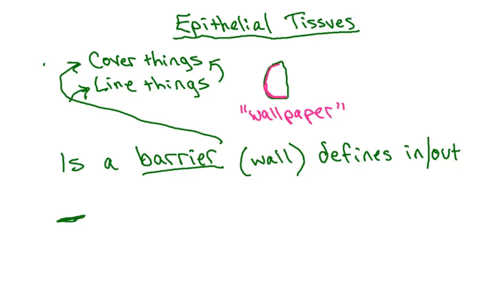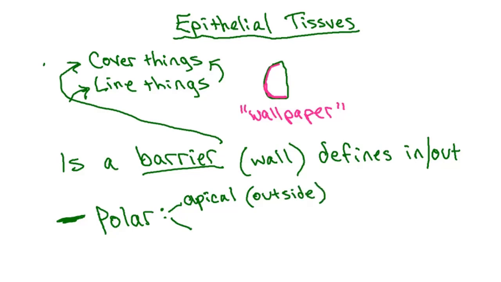Also, you want to know that they are polar, which means that they have an apical side, which is the outside, whatever side you can see.